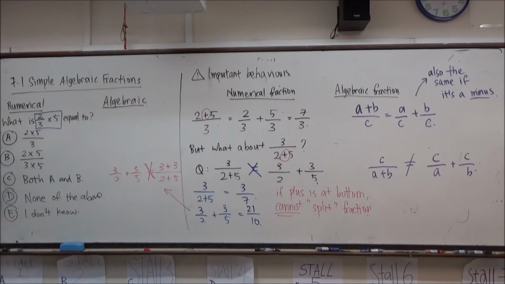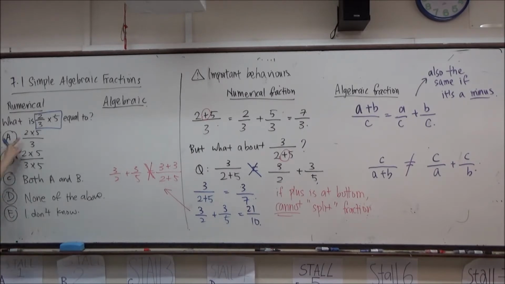Okay, so try to think, 2 over 3 times 5. Do I just bring it up to the numerator and multiply? Or must I put both top and bottom when I write this? Or actually both of these are the same meaning? Or none of the above, you're thinking of something else? Or I don't know.